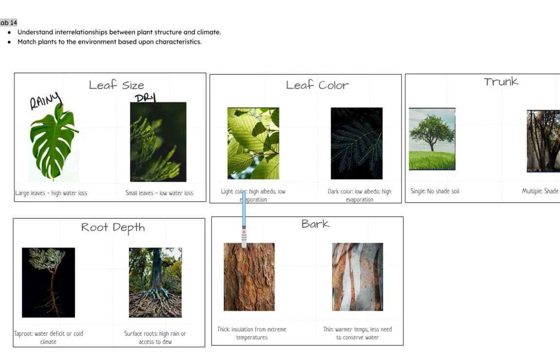If leaves are light in color, they are trying to prevent water from evaporating. Which means we are in a dry climate and possibly a hotter climate, like a desert.